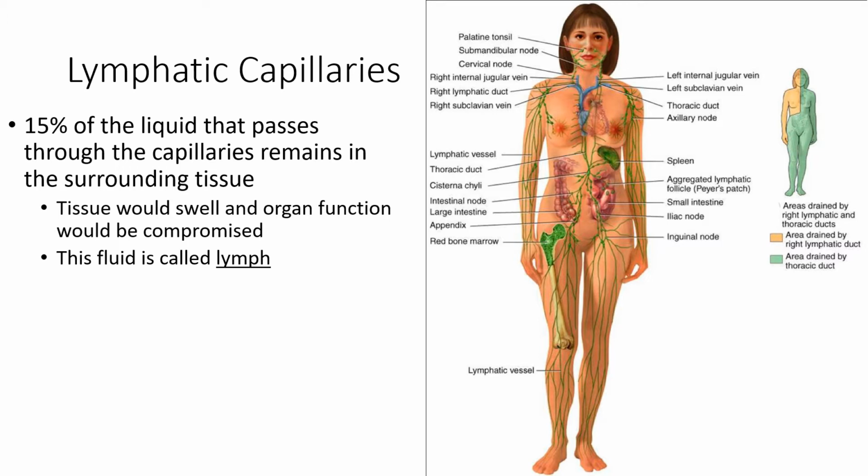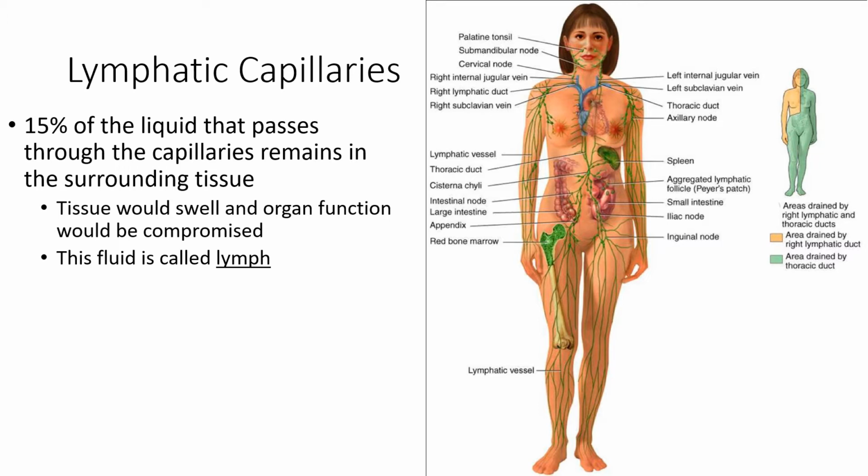So this first little line here: 15% of the liquid that passes through the capillaries remains in the surrounding tissue. That means as blood is passing through your capillaries, it is dropping off fluid and various other things into the surrounding tissue. This is not a good thing if it stays there.